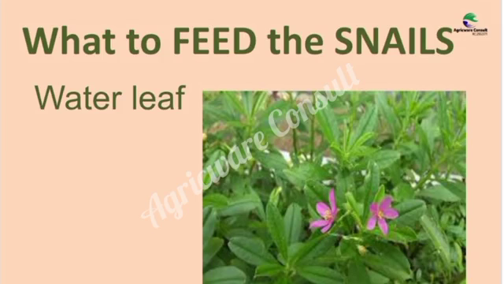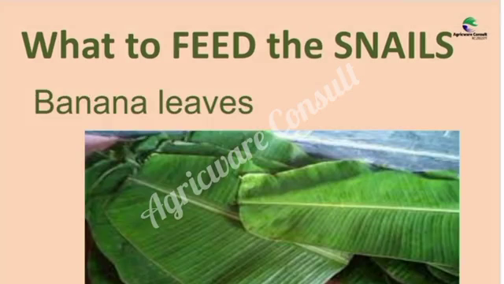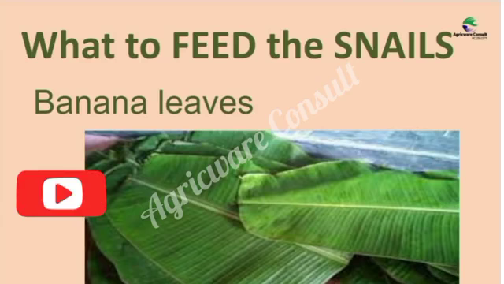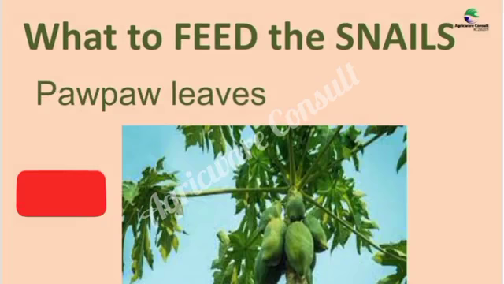Just as I mentioned earlier about plantain leaves, banana leaves can be presented to snails, and they can be used to shade the pen to create that nocturnal effect, that dark effect within the pen, even as the snails feed on them.